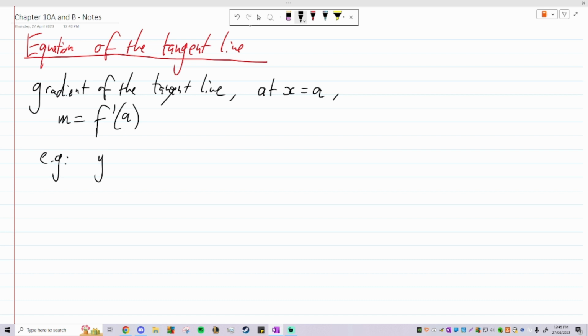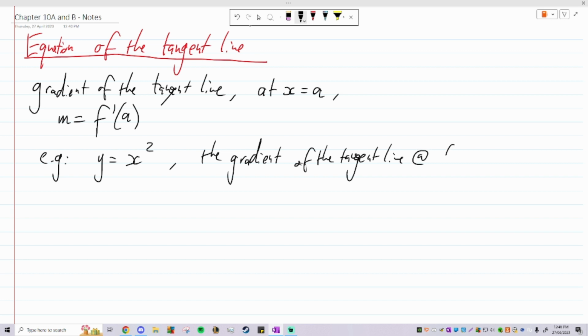If we have y equals x squared, a very nice, easy example, and I want to find the gradient of the tangent line at the coordinate (2, 4), and you'll see why I'm using this in a second.